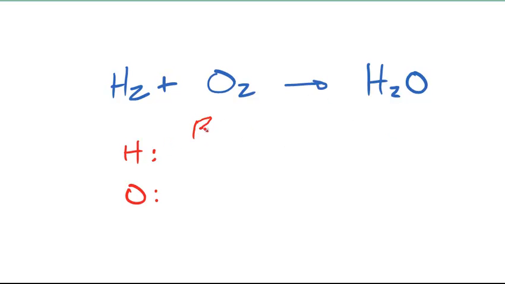So I'm going to put a little R here for reactant side, and I'll put a P for product side. If I look at the reactant side, I see 2 atoms of hydrogen, so I'll put a 2 there. Over on the product side, I've got 2 atoms over there.